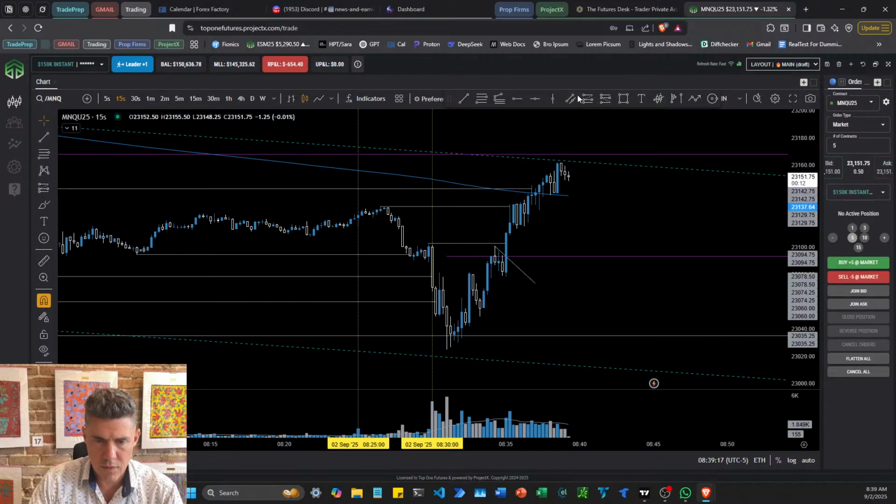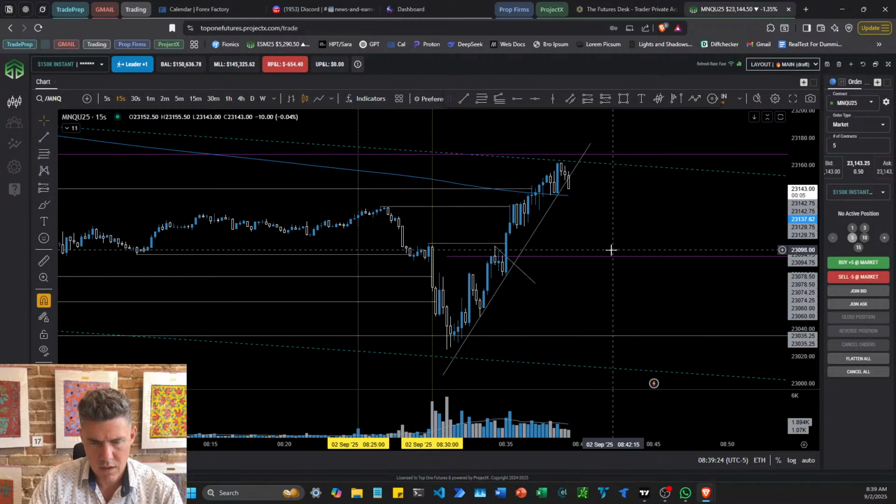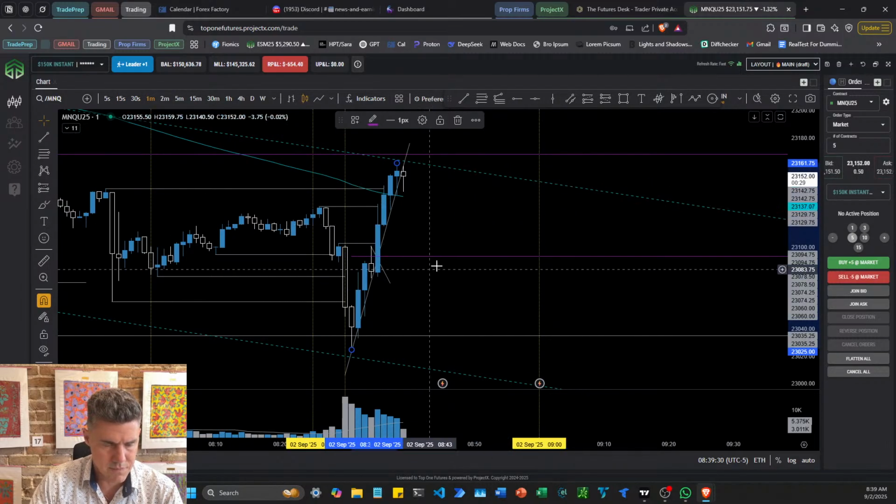Kind of want to wait for a pullback, but I kind of feel like this. Let's see where the initial imbalance is on the 1 minute. First candle here.